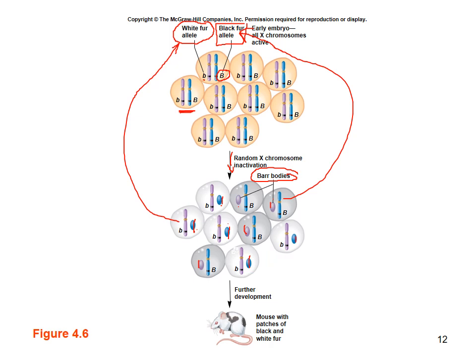And notice how it's very irregular in the pattern, and that is how we get our different patches of black and white. It all depends on which X was inactivated and where that X is located in the body, if it's going to be the white or the black fur that shows through. Same thing with the cat. Is it going to be the orange or the black fur that shows through?